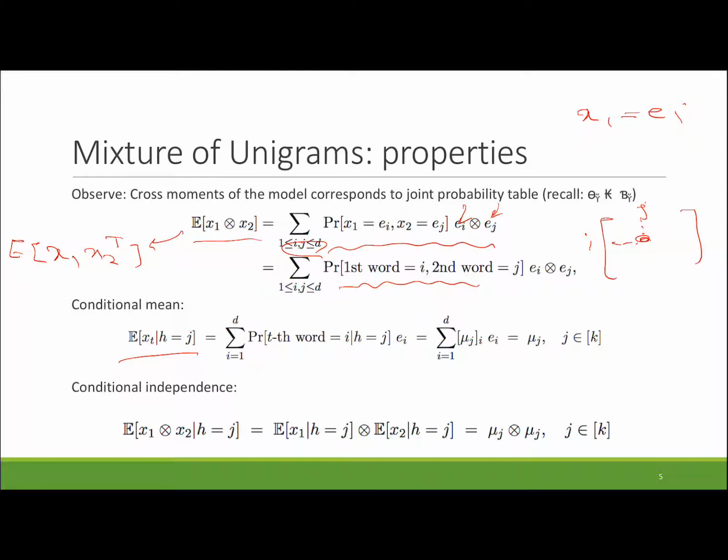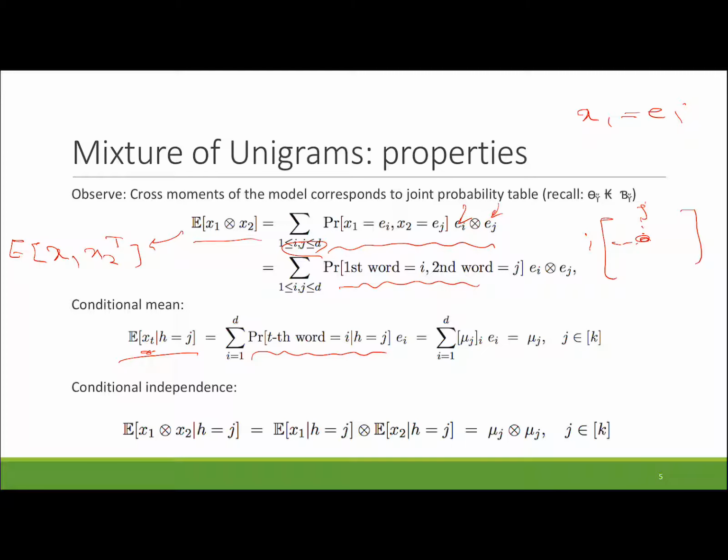Let's look at the conditional mean of each word given the topic. Remember that we said the probability of, so if we expand this expected value, we'll have the probability of the tth word being equal to i given topic j.